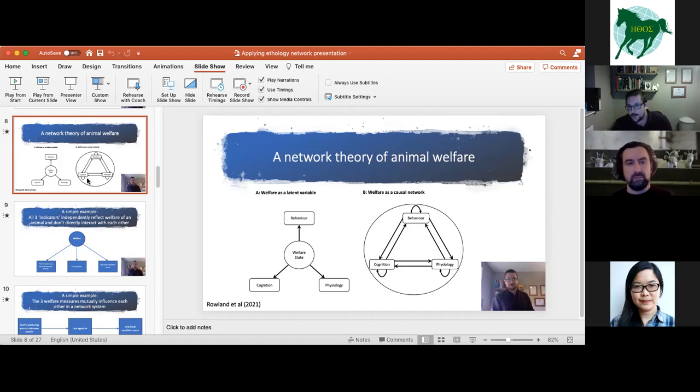In terms of animal welfare, it's a little bit more tricky, because in a sense, it almost sounds a bit contradictory to the whole talk, but we are interested in latent variables. If you subscribe to subjective state being the state of interest, then we can't access that.